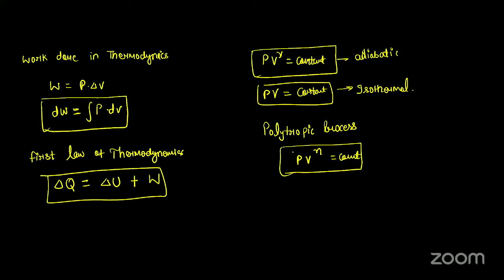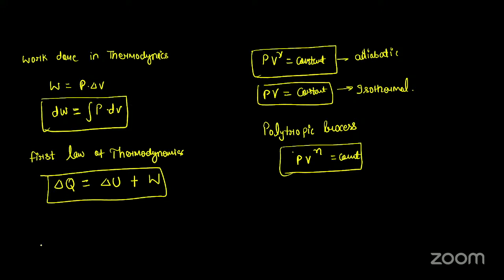If the work is done on the system, that work will be taken as positive, and if work is done by the system, that will be taken negative. Got it? Or vice versa, whatever you want to take, you take.